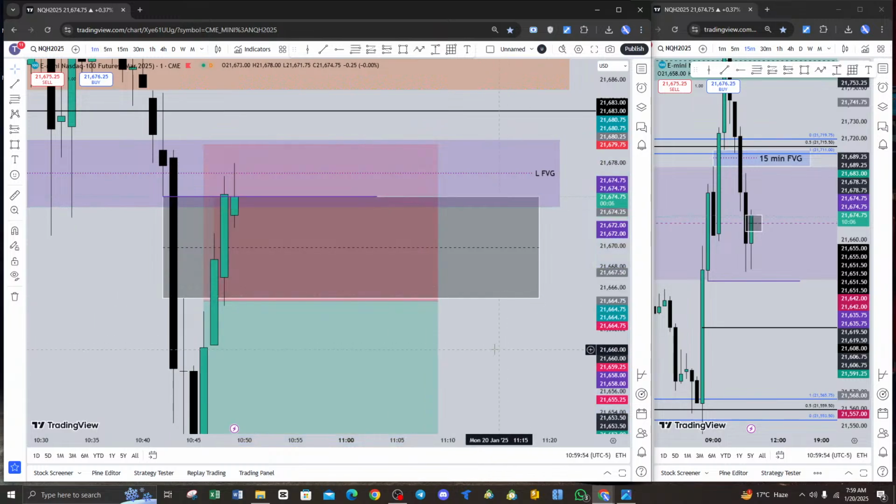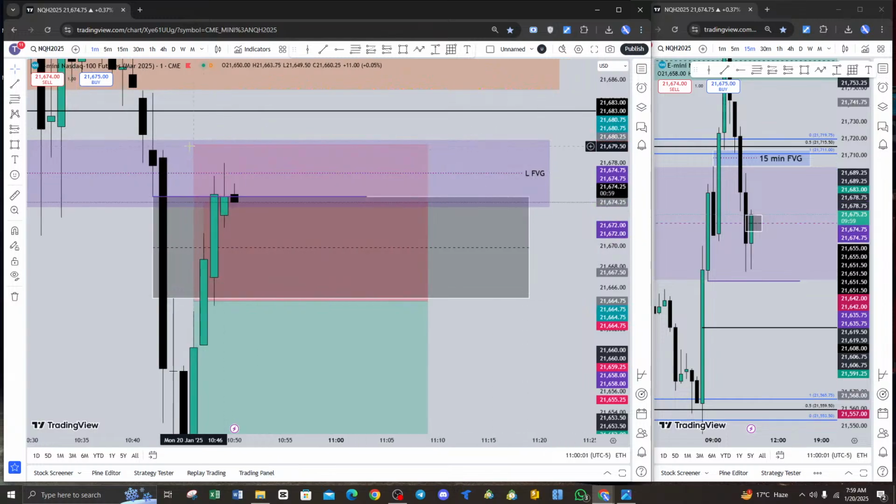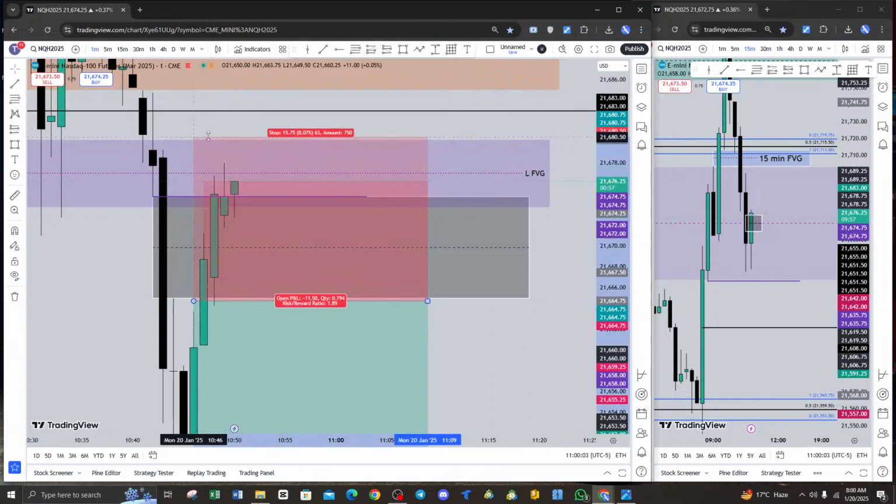So let's see what happens. As we can see, the market is simply reacting with this last. Wait, let me put my stop loss above this last fair value gap.